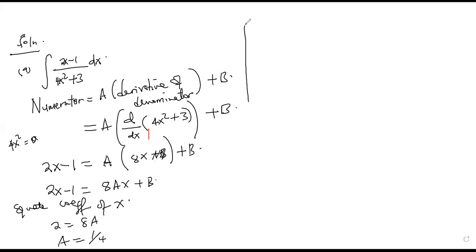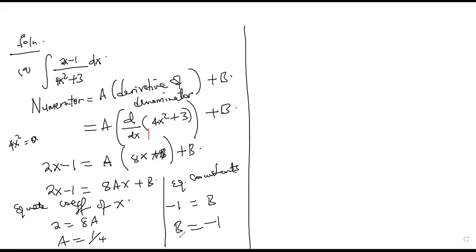Good. Then for B, we are going to equate the constants. This side the constant is -1 and this side the constant is B. It doesn't have any x, so B is equal to -1.